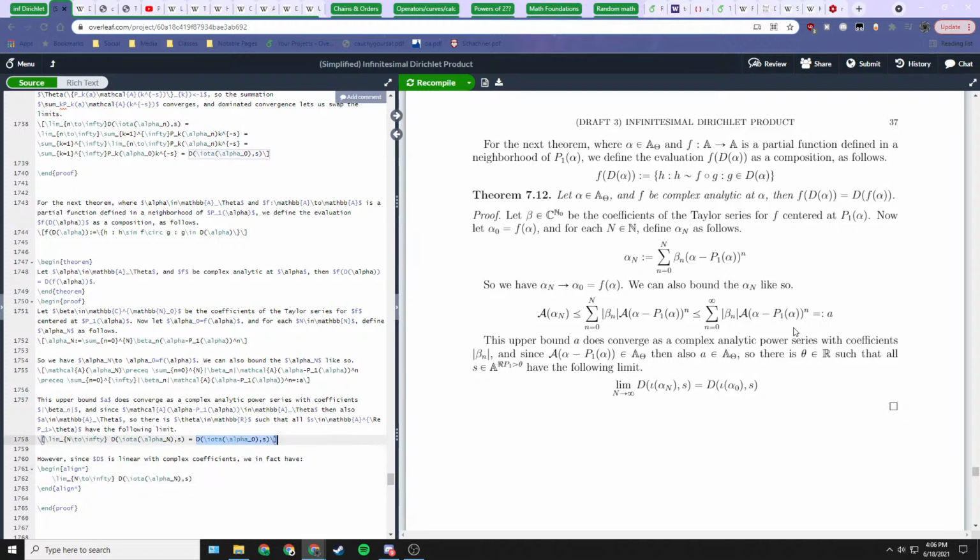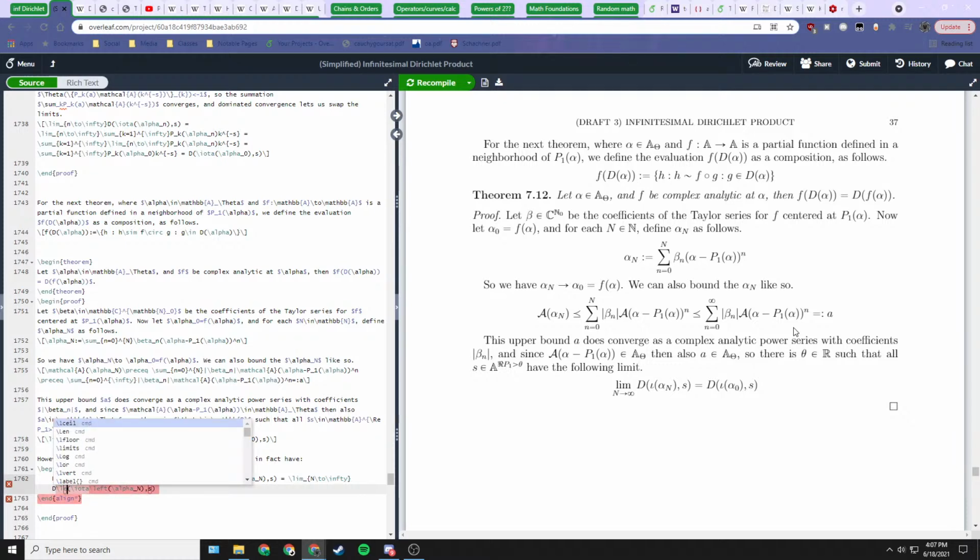So actually we'll start with this. This thing is this limit, which is by definition, so we have iota alpha n. So alpha n, let's do some brackets here.